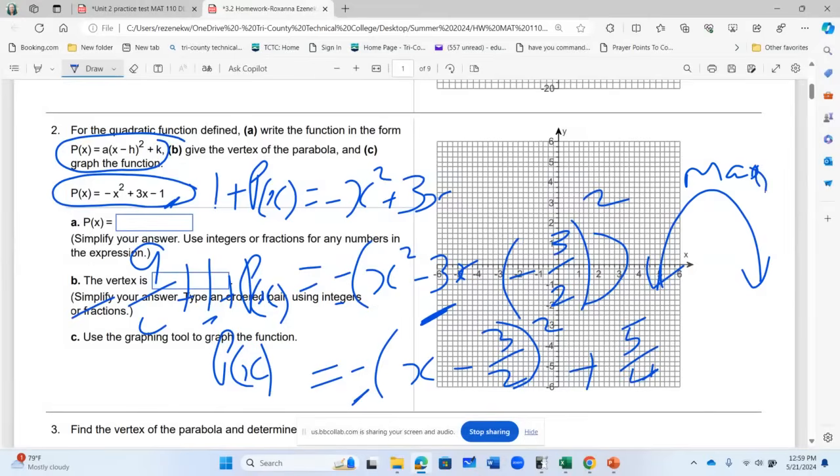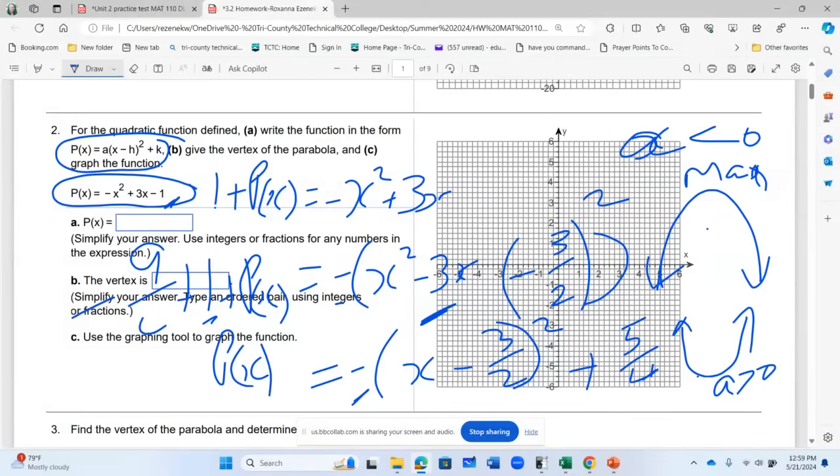If the leading coefficient is positive, the graph is a minimum, concave up. So when the leading coefficient A is greater than 0, we have a minimum. When it is concave down, it's a maximum, where A, the leading coefficient, is less than 0.